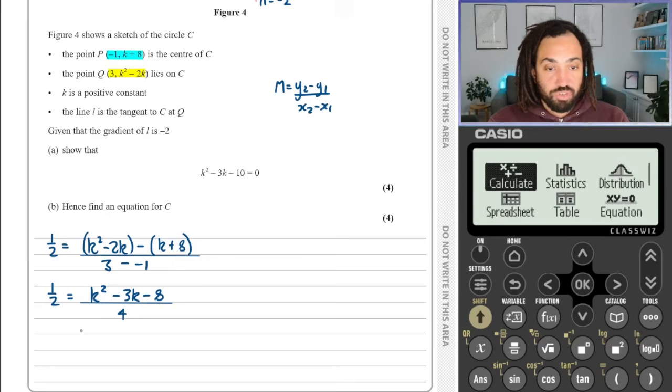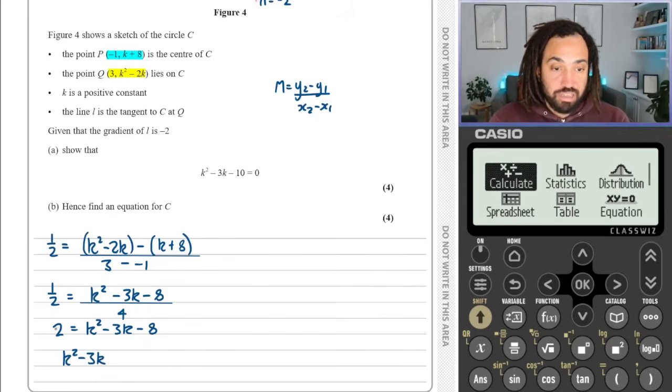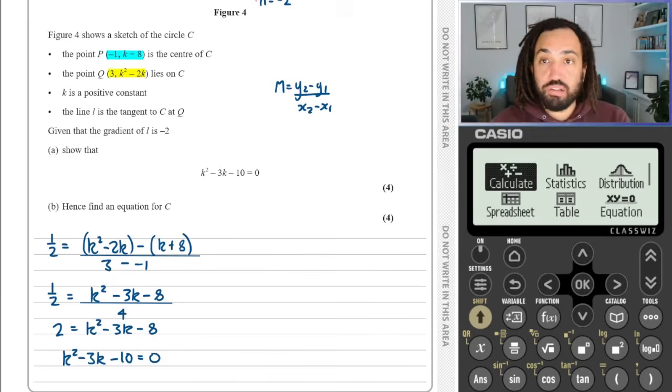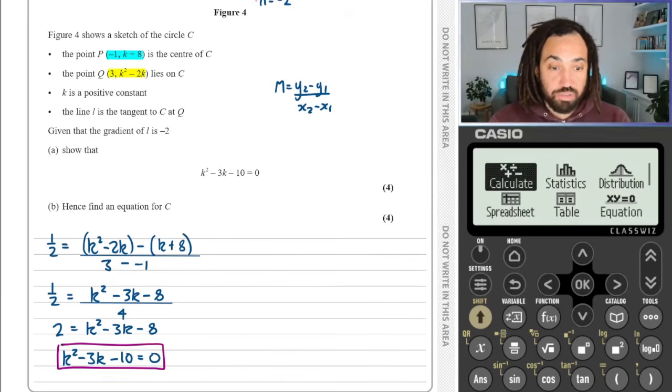Multiply both sides by 4, so half times by 4 is 2. So we get 2 is equal to k squared minus 3k minus 8. And then set it equal to 0 gives us k squared minus 3k minus 10 is equal to 0, taking the 2 to both sides. And that is exactly what we are trying to prove for part A.